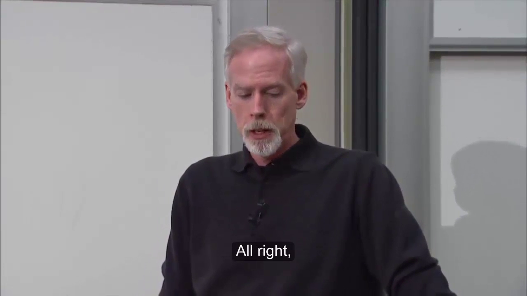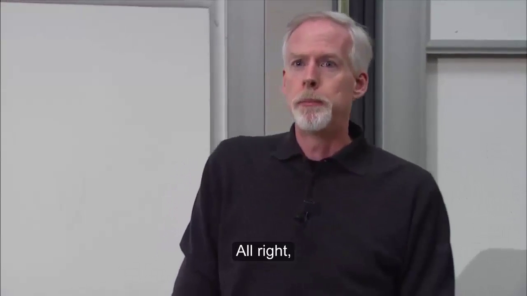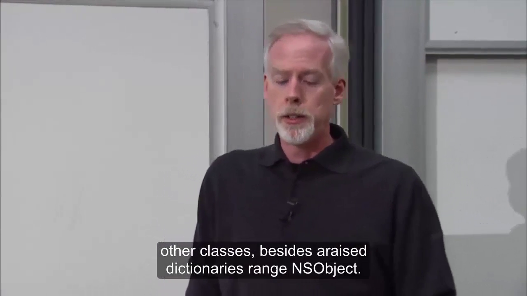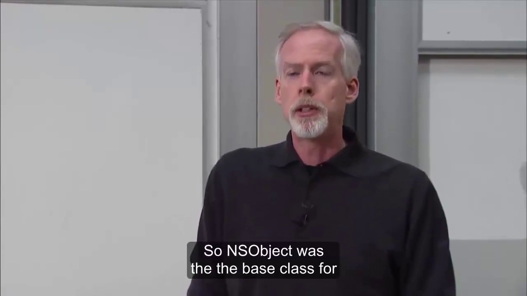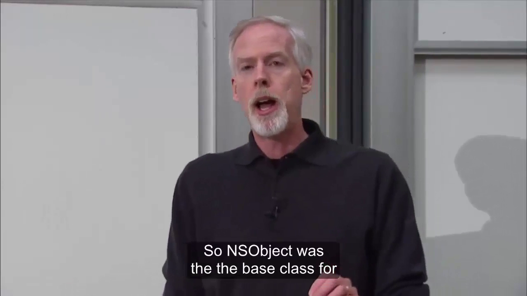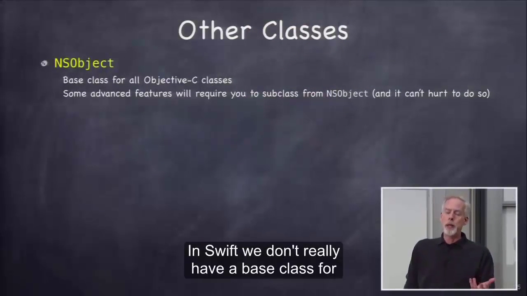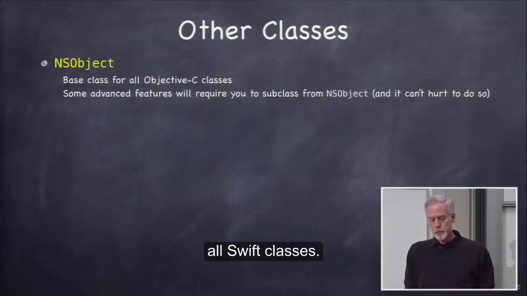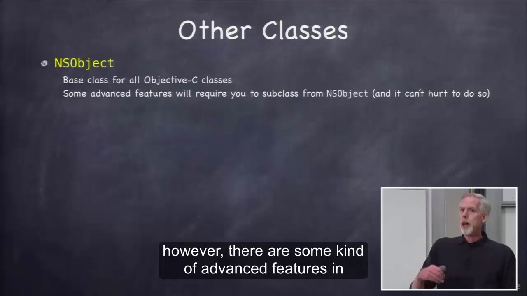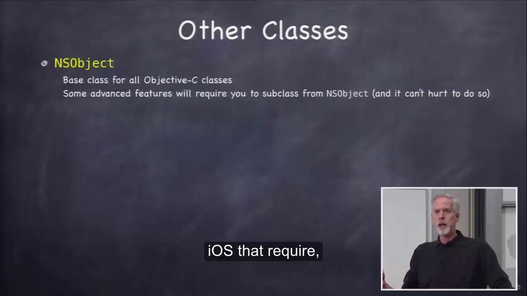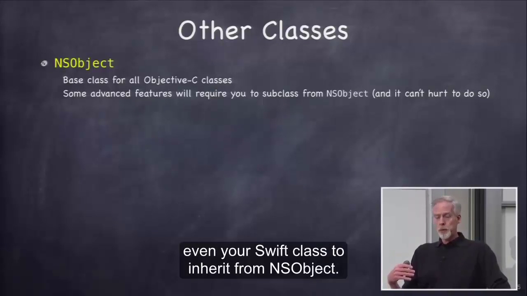All right, other classes besides arrays, dictionaries, range. NSObject. NSObject was the base class for all Objective-C classes. In Swift, we don't really have a base class for all Swift classes. However, there are some advanced features in iOS that require even your Swift class to inherit from NSObject.